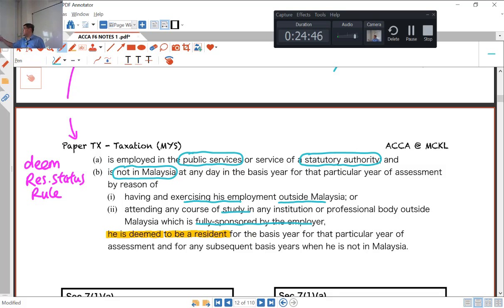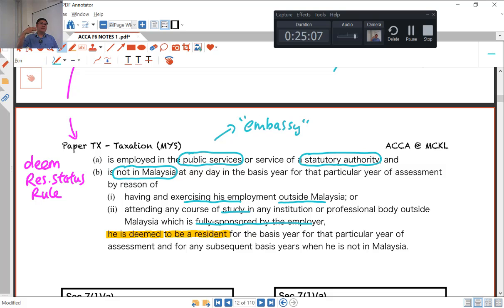In that way, you will be deemed a resident. Now, the people who will find this law most useful, for example, are those serving in the embassy.